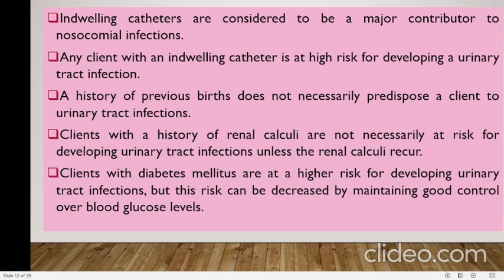Clients with a history of renal calculi are not necessarily at risk unless the renal calculi reoccur. Clients with diabetes mellitus are at a higher risk for developing urinary tract infection, but this risk can be decreased by maintaining good control over blood glucose levels.